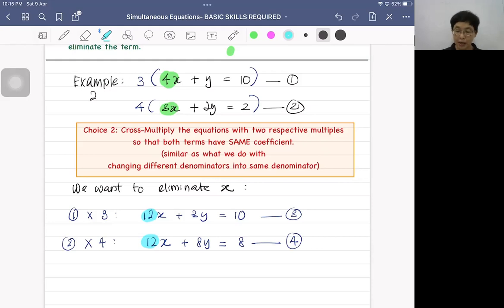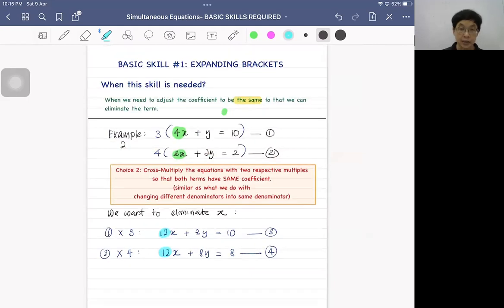Okay, so this is the second basic idea, which is using the idea of expanding brackets. For what purpose? To adjust so that one of the terms shares the same coefficient. And again, what is that for?